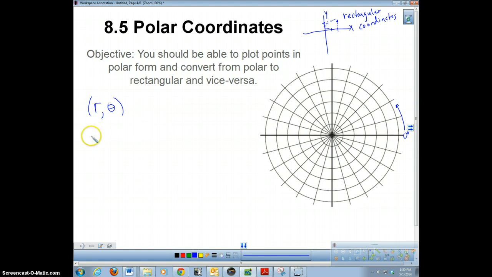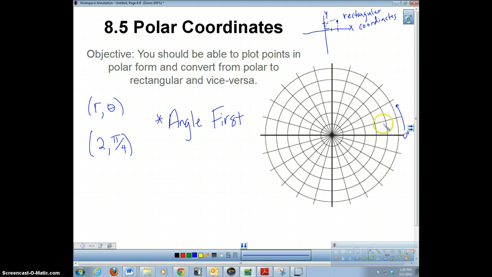So if we wanted to look at the point 2 comma, let's say pi over 4, the rule of thumb here is do the angle first. I know it's not first in your coordinate, but when we graph them, we're going to look at the angle first, and then we're going to go out 2 units.